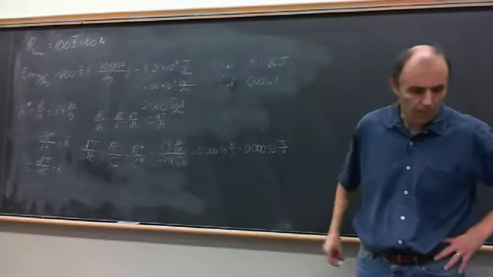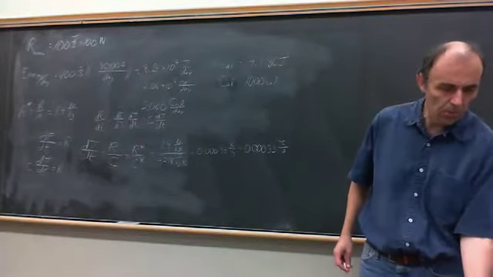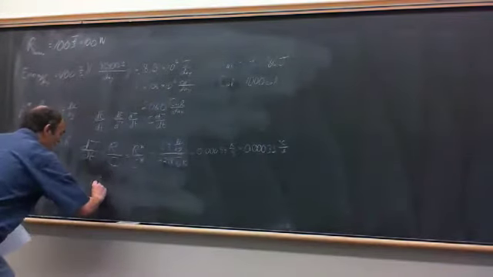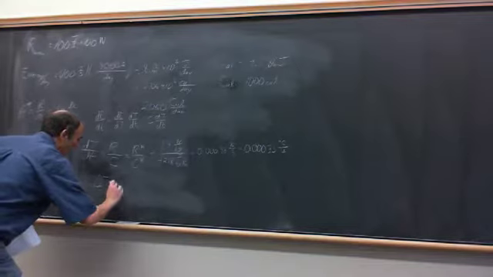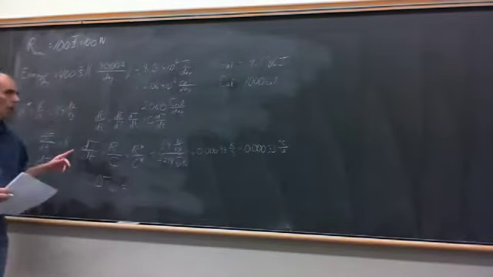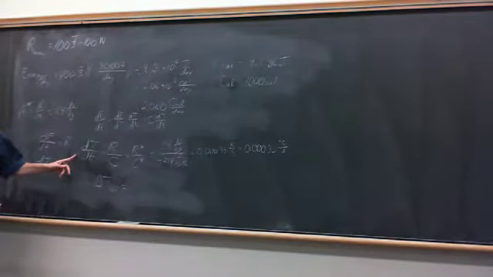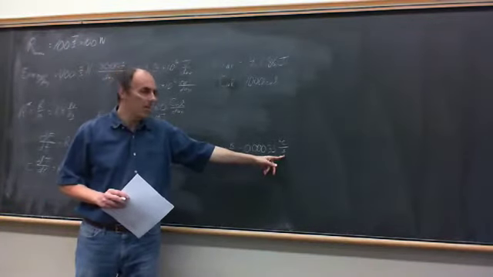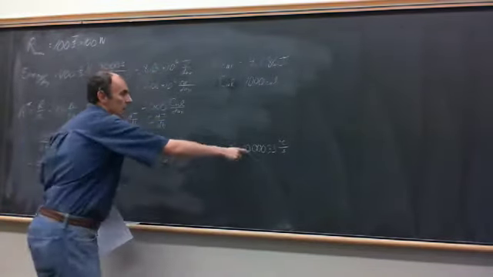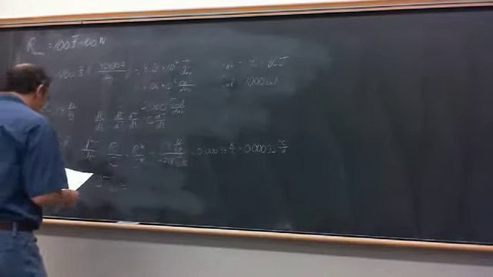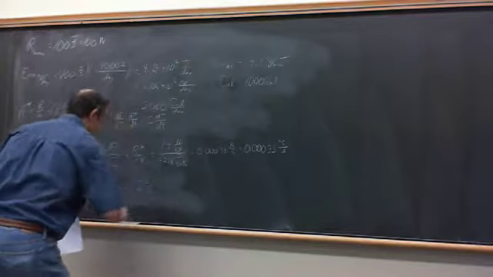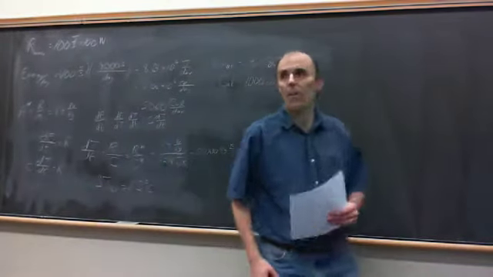And how much would you warm up after an hour? So what's your delta T after 1 hour? Well, that's just your rate times an hour. And an hour is 60 times 60, or 3,600 seconds. So I take this and multiply by 3,600, and I find that you get 1.2 degrees Celsius every hour.